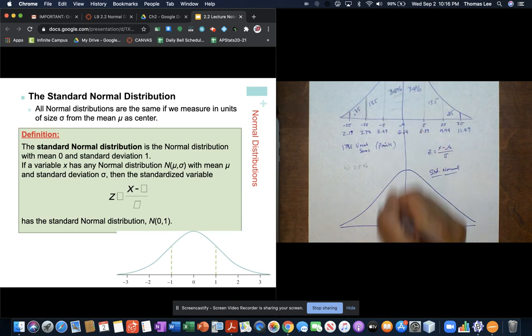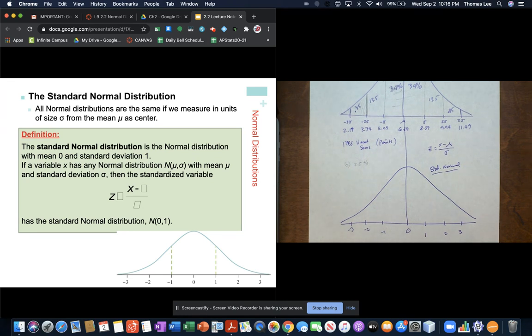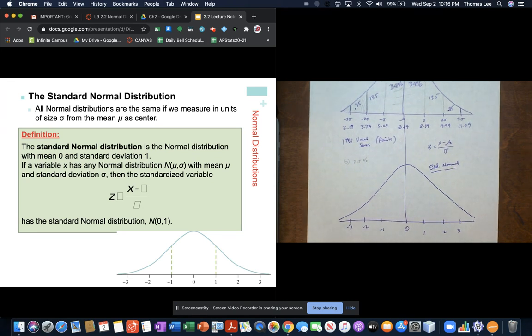And what would 5.29 become? Well, that becomes negative 1, negative 2, and negative 3. So the standard normal distribution is always the normal distribution that has parameters 0, 1.